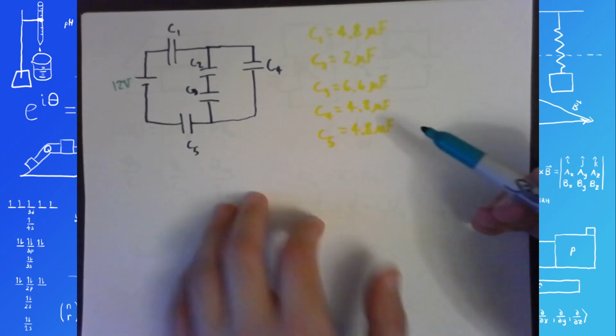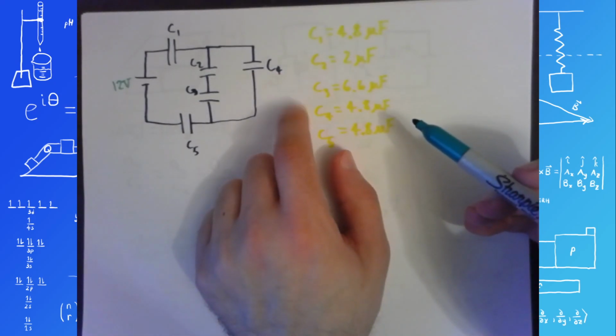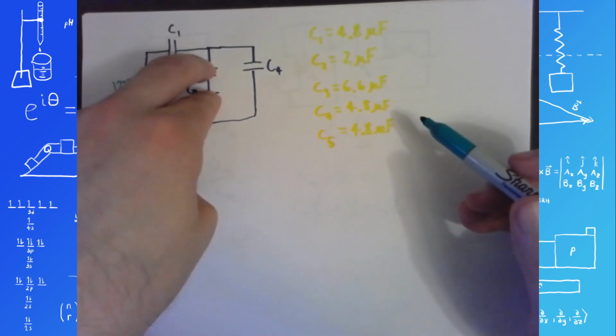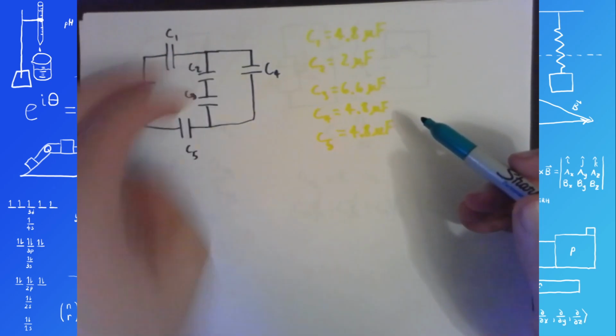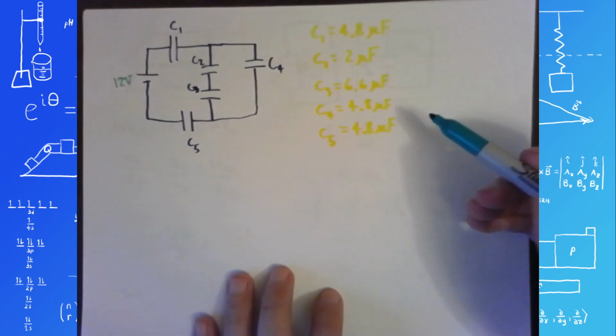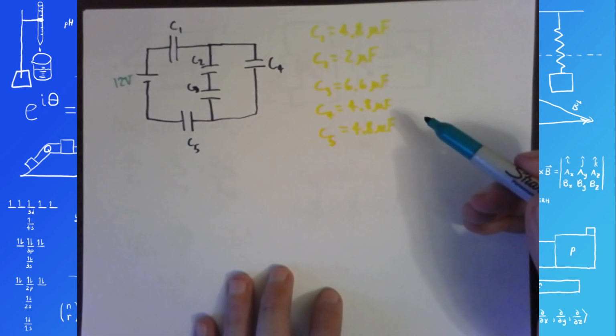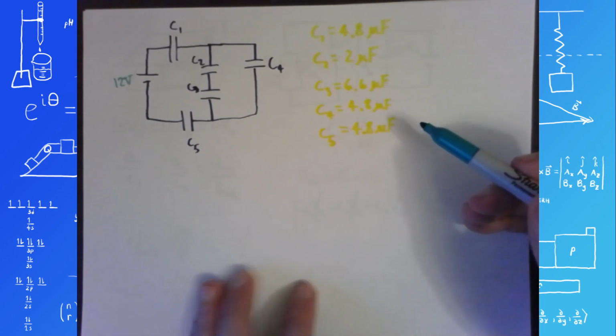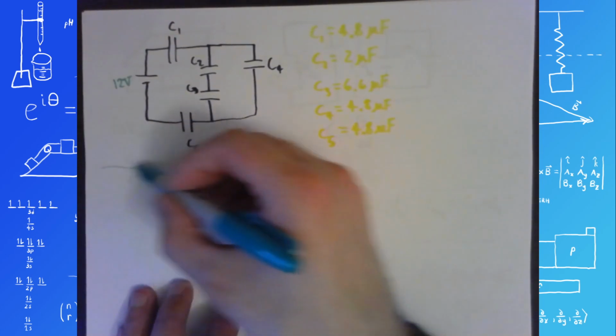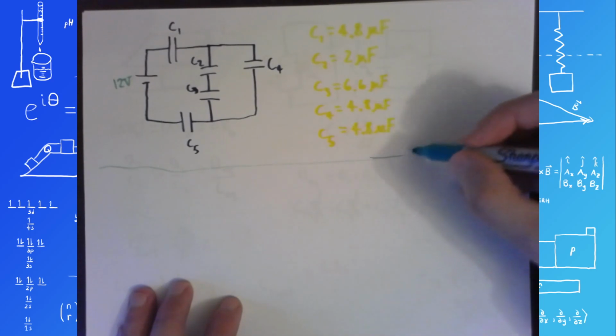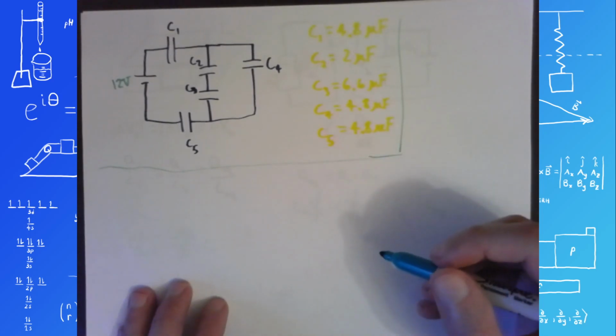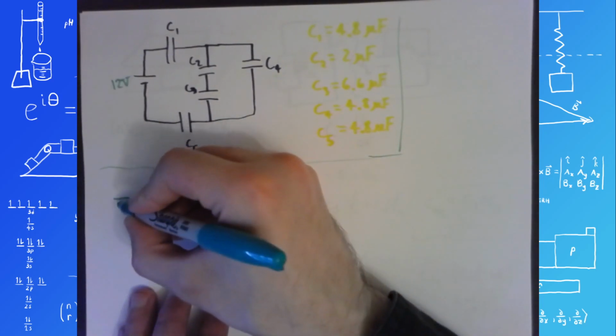So, first combination I can make is I can combine these two capacitors in series. And while I like to do this mentally so that I don't have to redraw the circuit hundreds of times, I think for the purpose of teaching, I'm going to actually take the time to redraw this circuit over and over again.